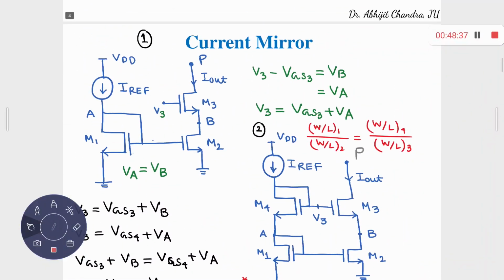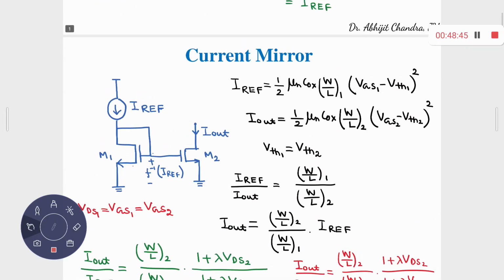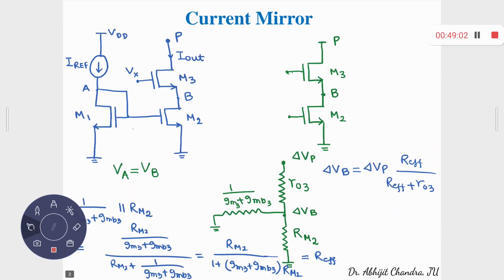You have started with this one. Then we have added another MOS on top of this. Ultimately, we have got these two circuits, circuit 1 and circuit 2.